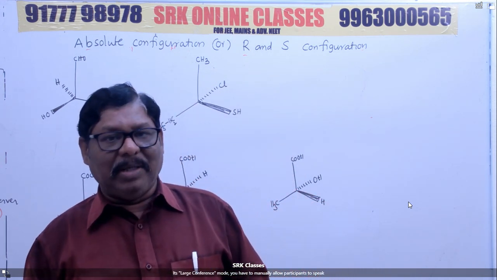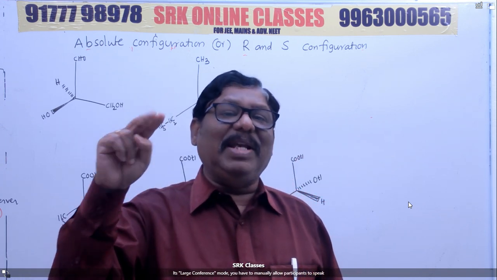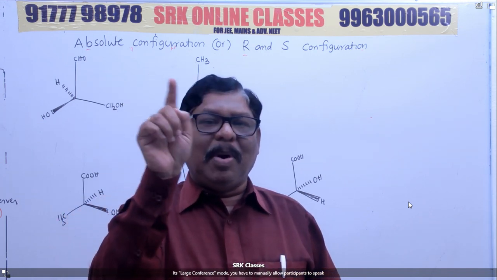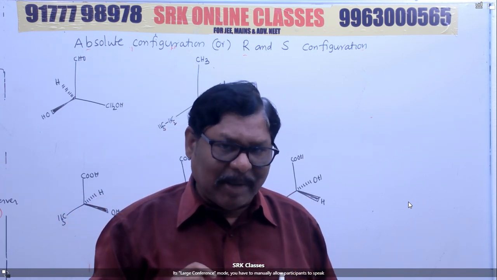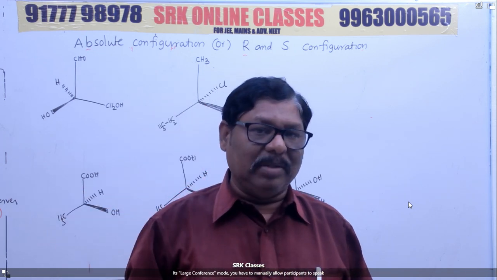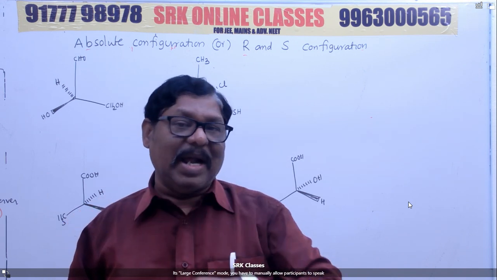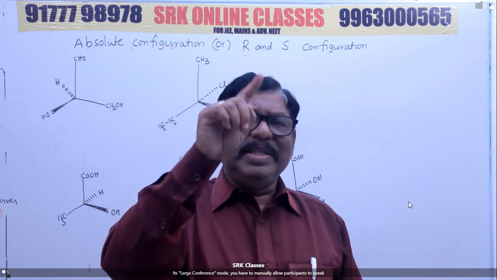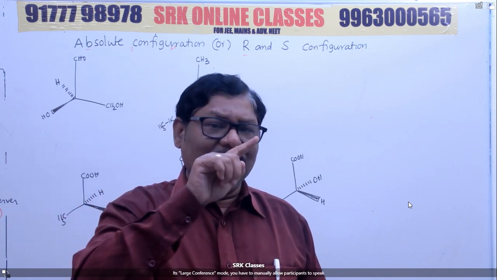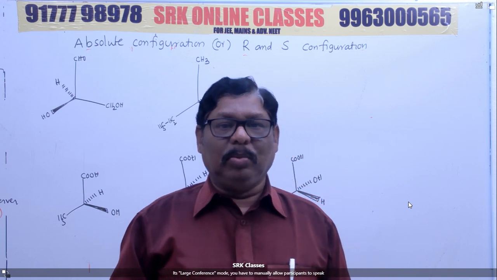Fourth important point: a double bond is considered to be twice a single atom. Suppose C double bond O is there. That can be represented as C-O and C-O, 2 times you have to repeat. A triple bond is considered to be thrice a single atom. C triple bond N is considered as C-N, C-N, C-N, 3 times. That is the fourth rule.